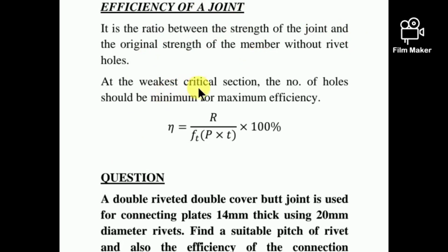So at the weakest critical section, the number of holes should be minimum for maximum efficiency. Efficiency is represented by eta, which is equal to R divided by Ft into p into t into 100%. So this is the original strength and R is the strength of the joint or the rivet value.